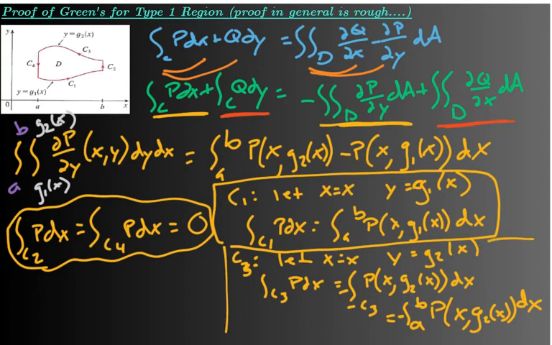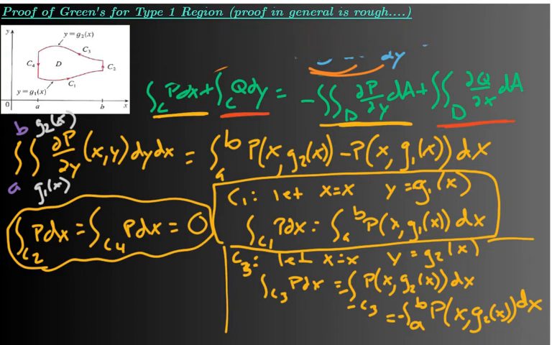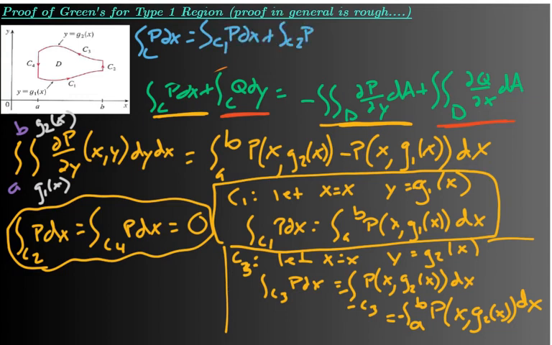So now, putting it all together, I have the line integral around, so actually I'm going to erase this just so I can write this all down somewhere. So I have the line integral around the curve for p dx is these 4 line integrals of p dx.